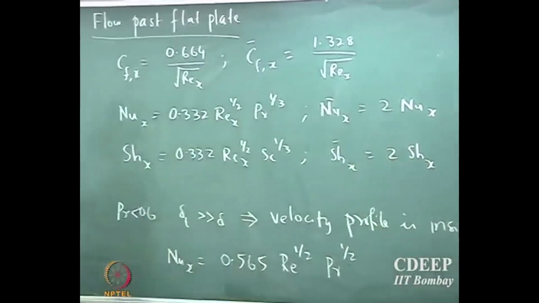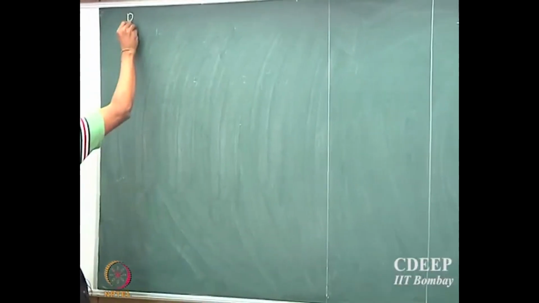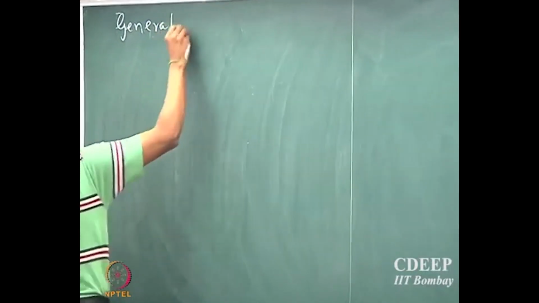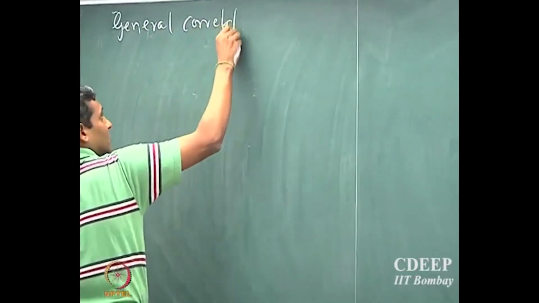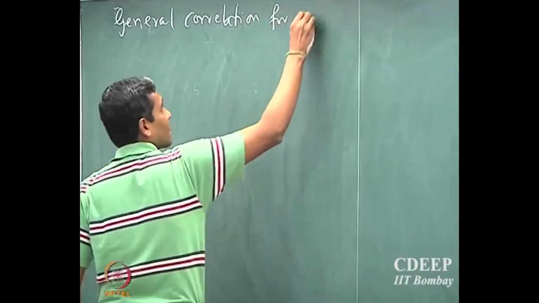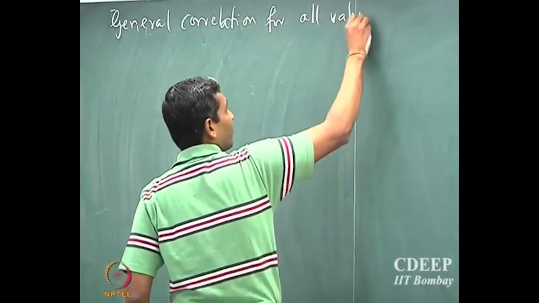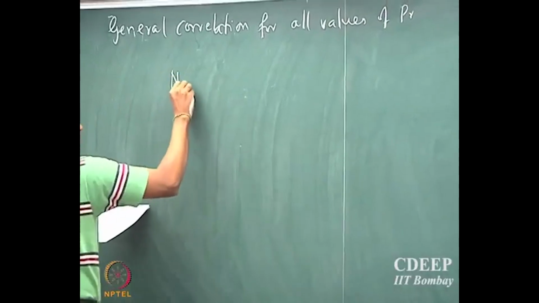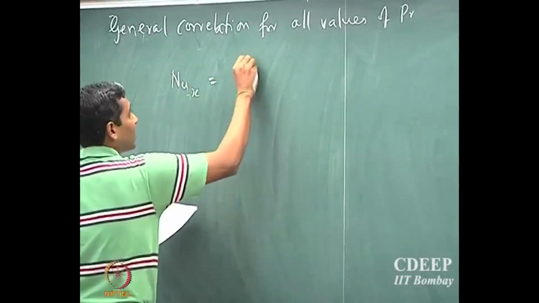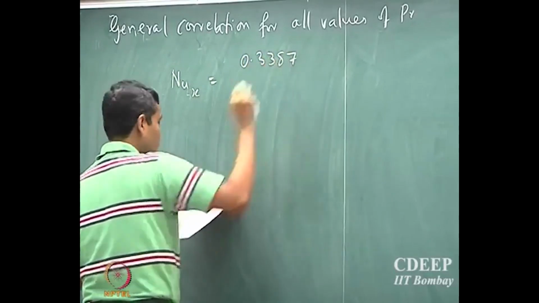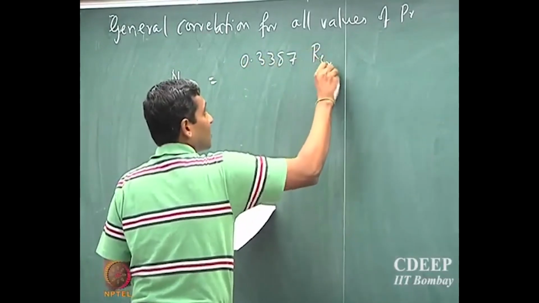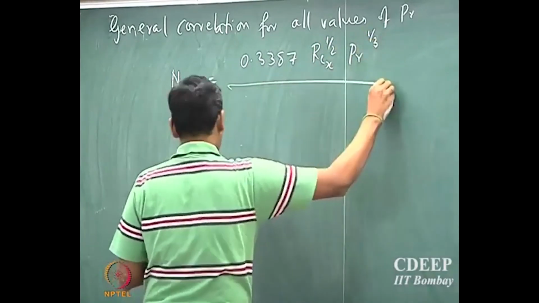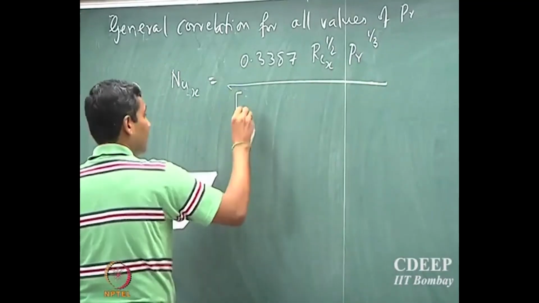So now for any values of Prandtl number, a general correlation would be 0.87, Reynolds number to the power of 1 by 2, Prandtl to the power of 1 by 3, and 1 plus.